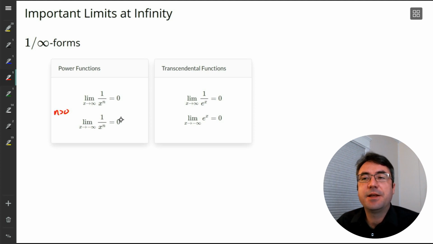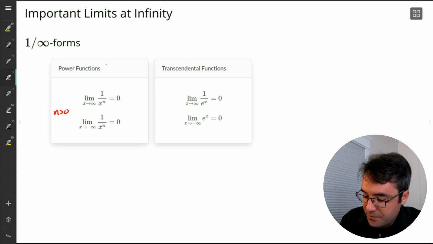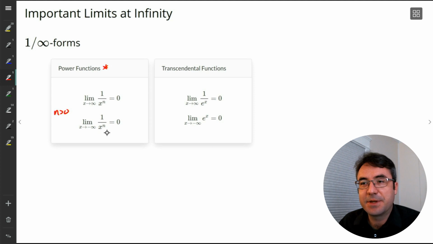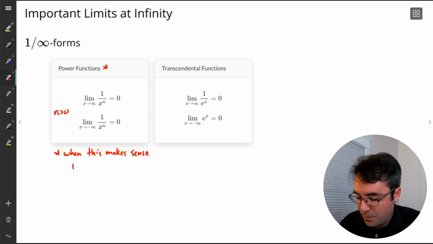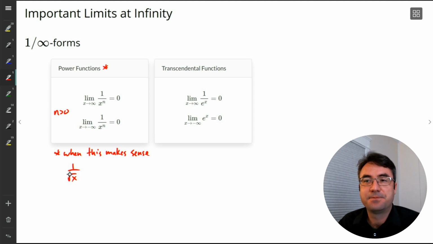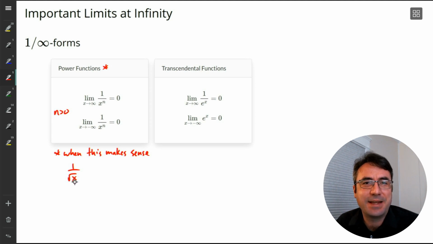Now, you have to be a little bit careful when x is approaching minus infinity. So I guess there is sort of an asterisk here. There are some exceptions for when x is approaching minus infinity. So when this makes sense. So, if we had, say, 1 over square root x, so an even root, it really wouldn't make any sense to talk about x approaching minus infinity because we can't plug in negatives into that square root function.